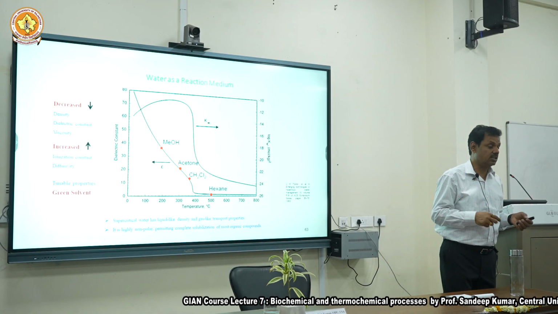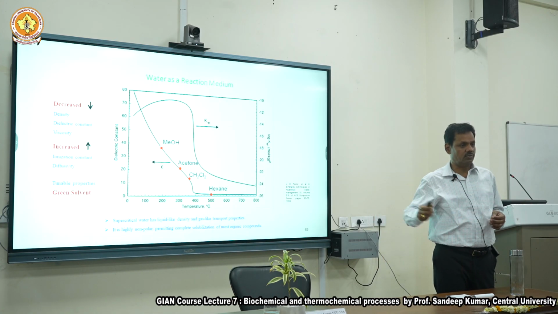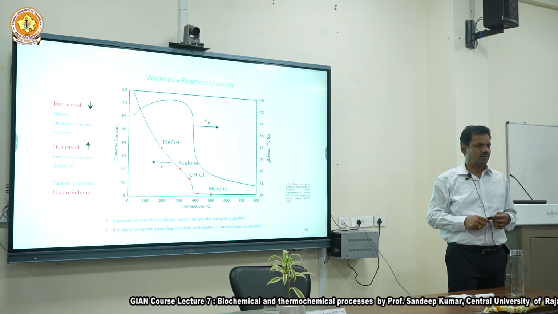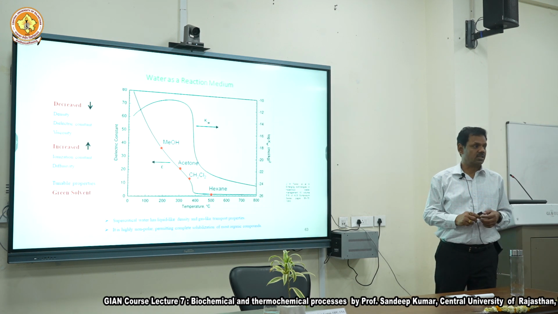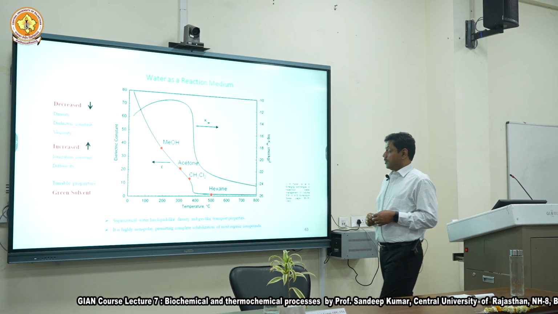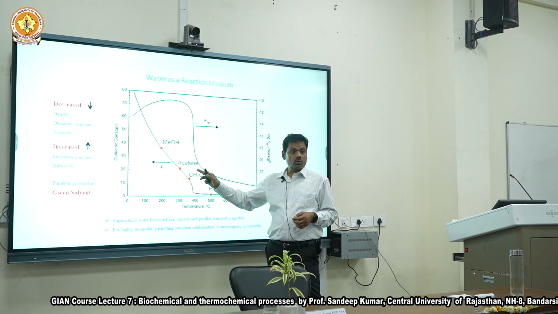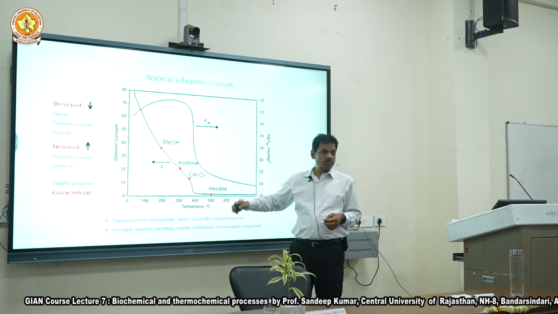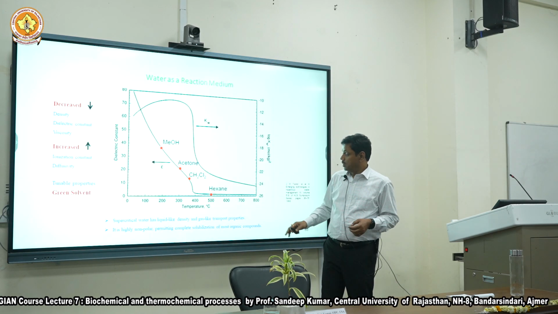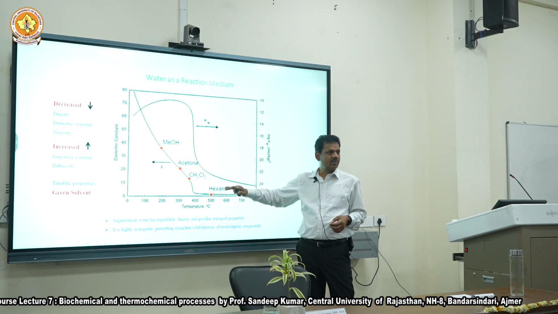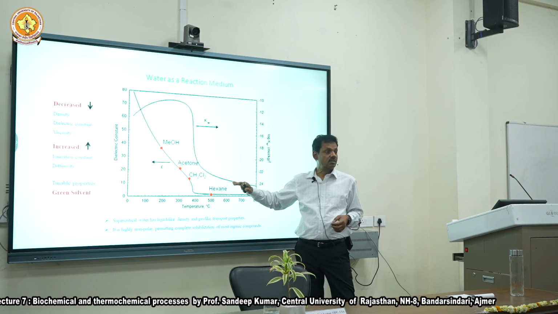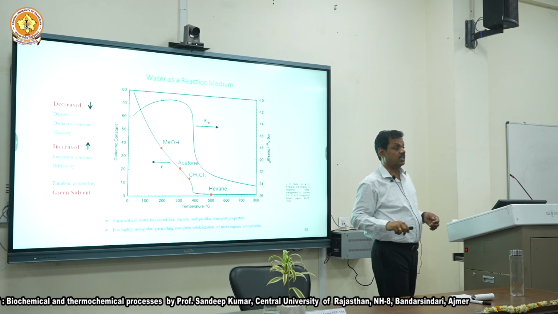So sometimes you will see people using subcritical water for biodiesel production, because it becomes a green solvent. Go to a higher temperature, it's as good as acetone, dichloromethane. Supercritical water has a very low dielectric constant, it's a very good solvent like hexane.